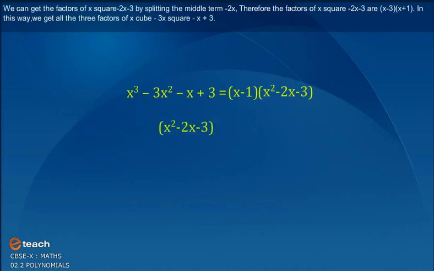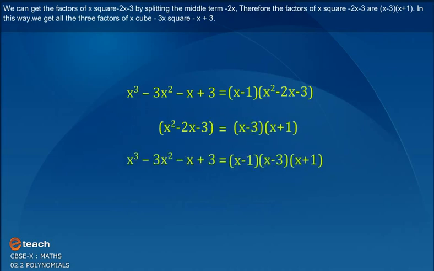We can get the factors of x square minus 2x minus 3 by splitting the middle term minus 2x. Therefore, the factors of x square minus 2x minus 3 are x minus 3 and x plus 1. In this way, we get all the three factors of x cube minus 3x square minus x plus 3.